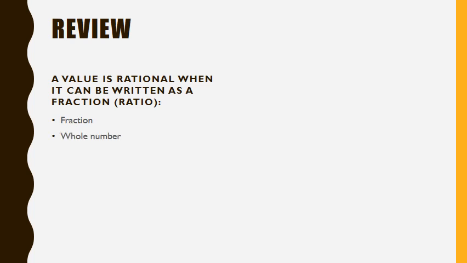Starting off as a whole number, it's rational. If it's a terminating decimal, we know we can write that as a fraction. That's rational. If it's a repeating decimal, we know how to write that as a fraction, so that's going to be rational. Perfect squares in a square root, that's going to be rational because our answer is a whole number.